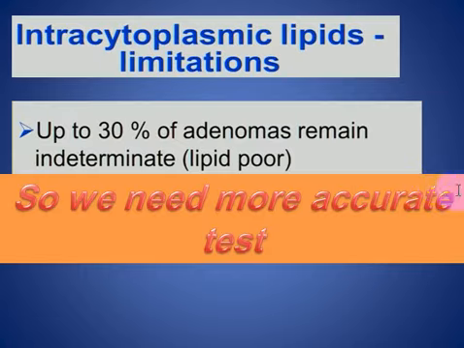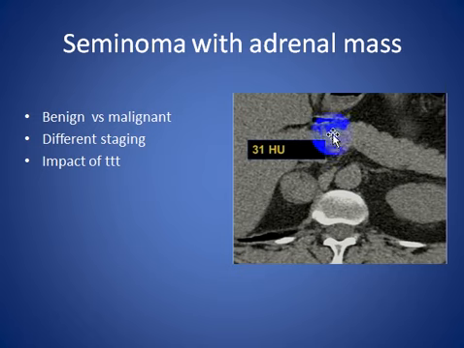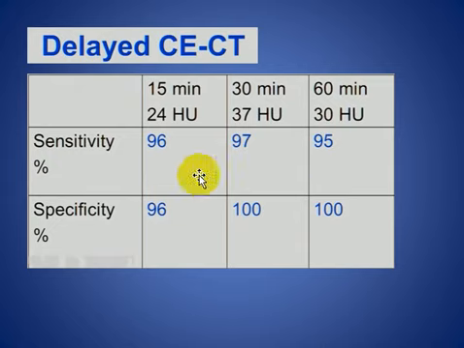Here, this patient with seminoma with adrenal mass, and the density of the mass on the non-contrast CT scan is about 31 HU. Is it benign, is it malignant? What is the staging and what is the treatment? We do the delayed CT contrast enhancement, with delay after 15 minutes.